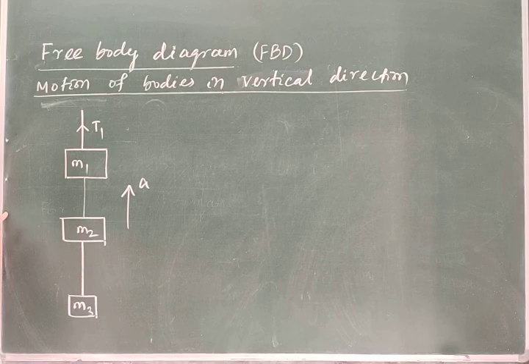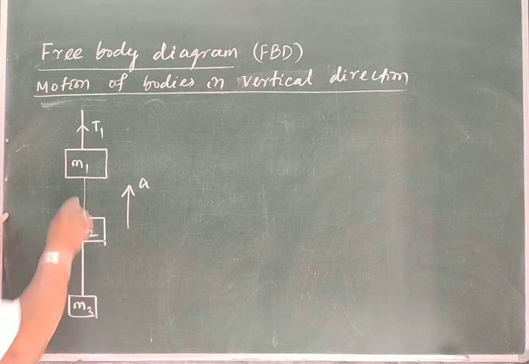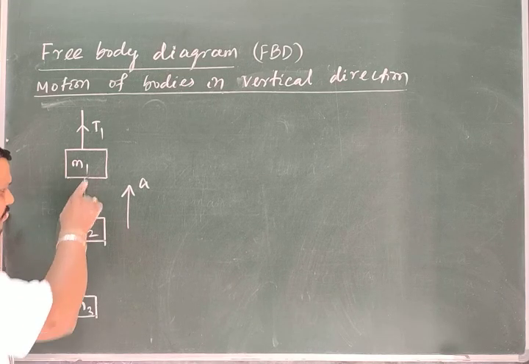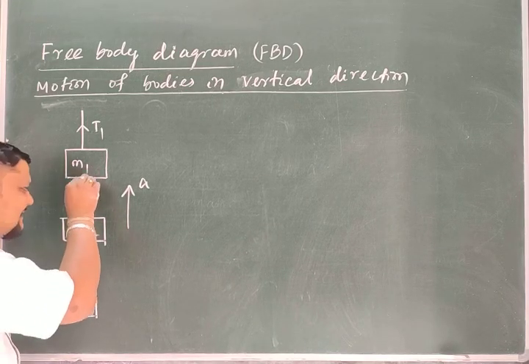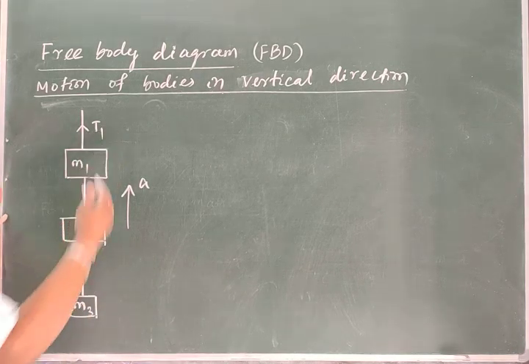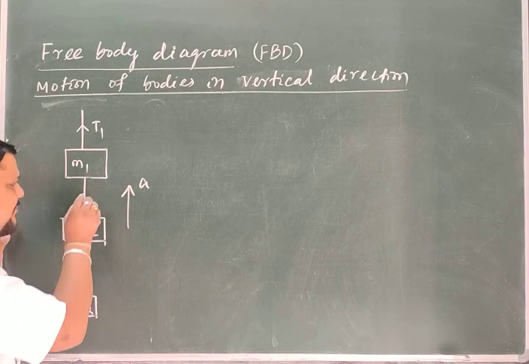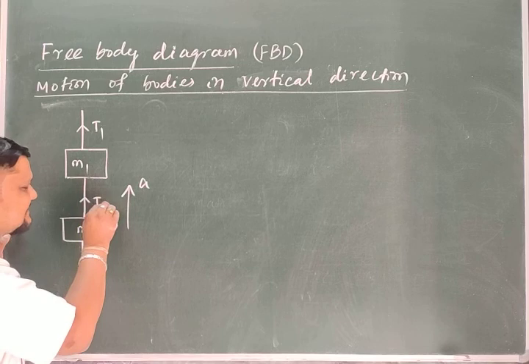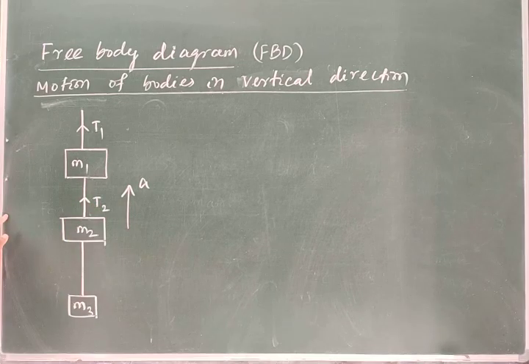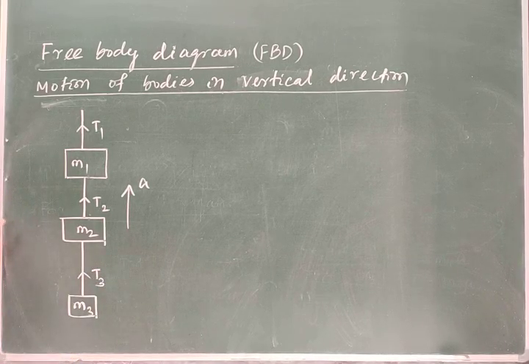Now the other factor is that M1 and M2 are connected by another string, so another tension comes into play, because the string changes, tension changes. So from M2 let the tension be T2. Then from M3 the tension is T3, because this is another string. So this is T1, T2, T3.